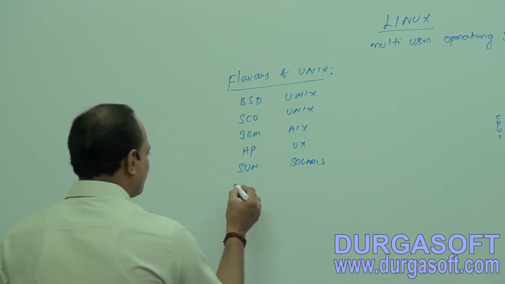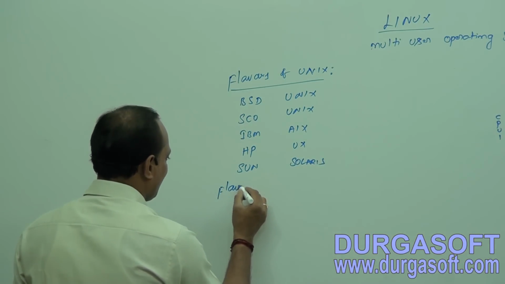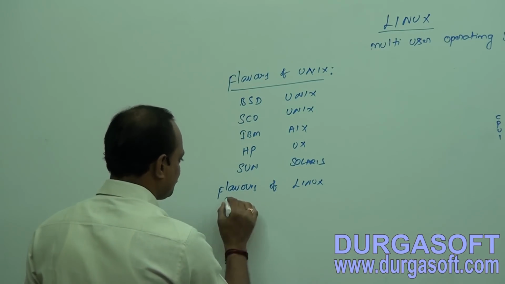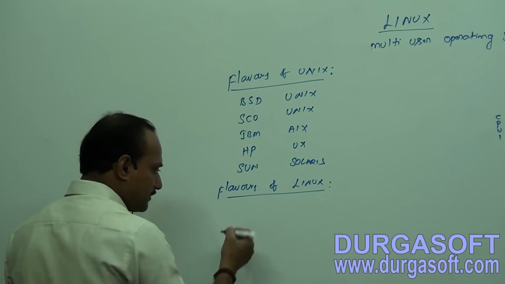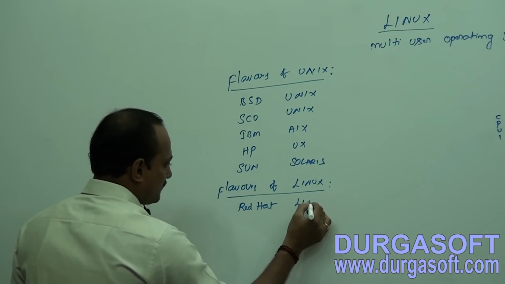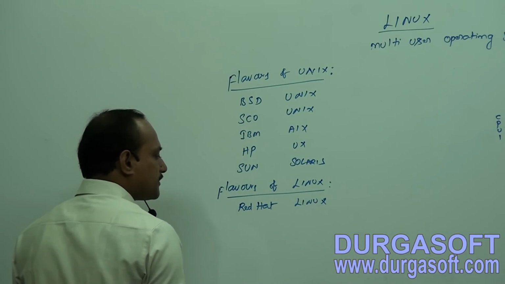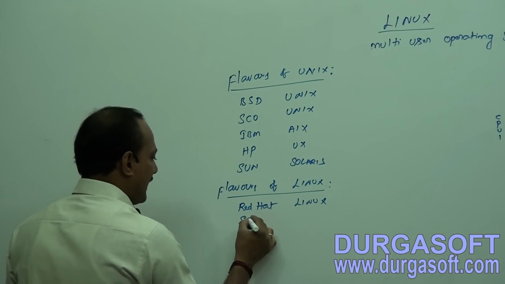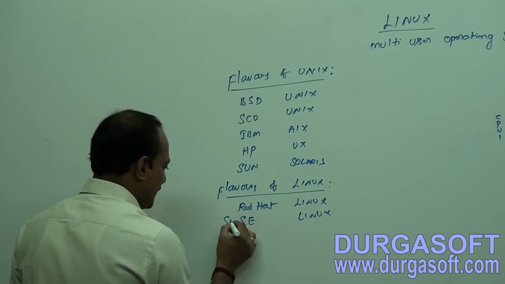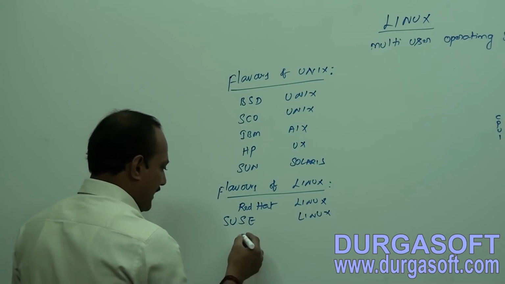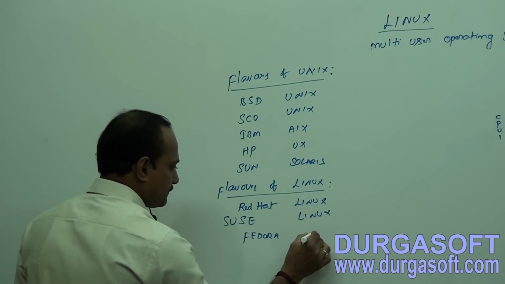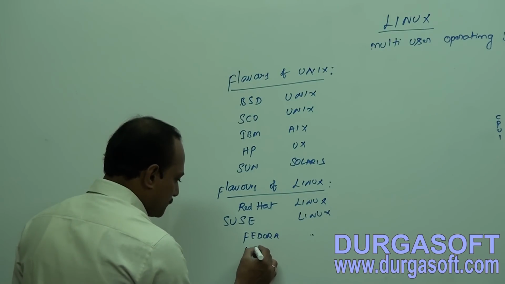Then what are the flavors of Linux? Red Hat Linux, this is the Linux flavor from the Red Hat company. And SUSE Linux. Next, Fedora Linux, and Ubuntu Linux.